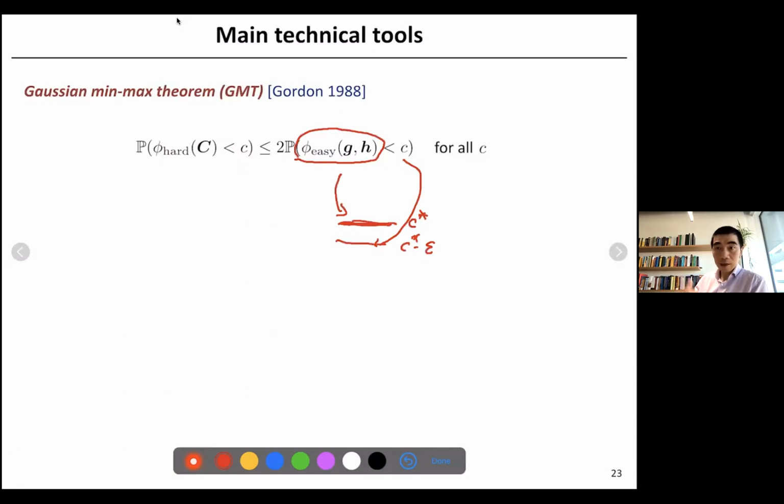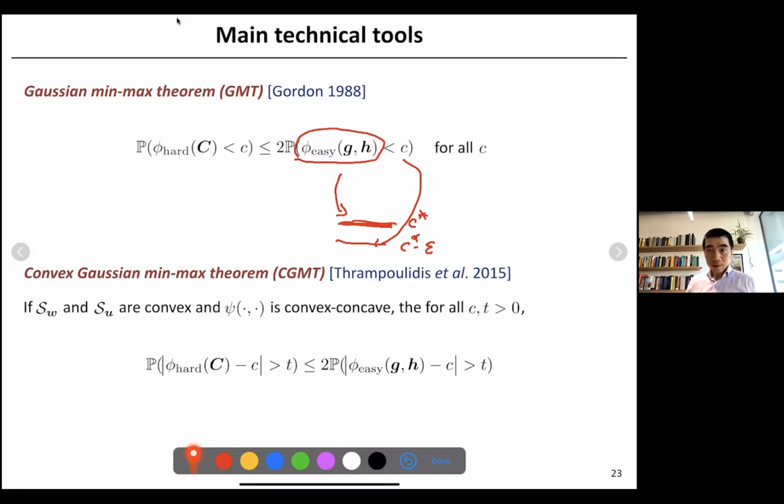In other words, if we can show that the easy version concentrates around a constant, then necessarily the hard version, the quantity that we care about, is essentially lower bounded by this quantity. So we have a one-sided inequality from Gordon's comparison theorem.